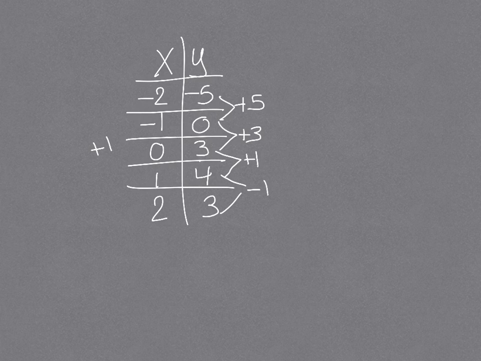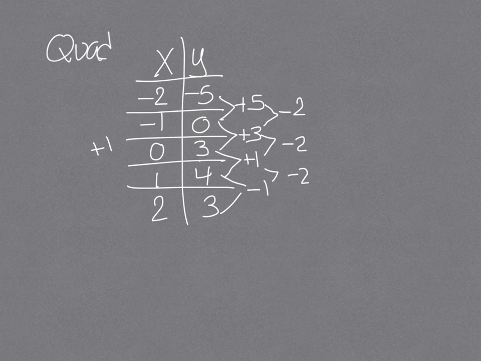Looks like we got a quadratic. Let's see if our second difference is constant. I am subtracting 2. And then minus 2. Minus 2. All right, so yes, it is quadratic.